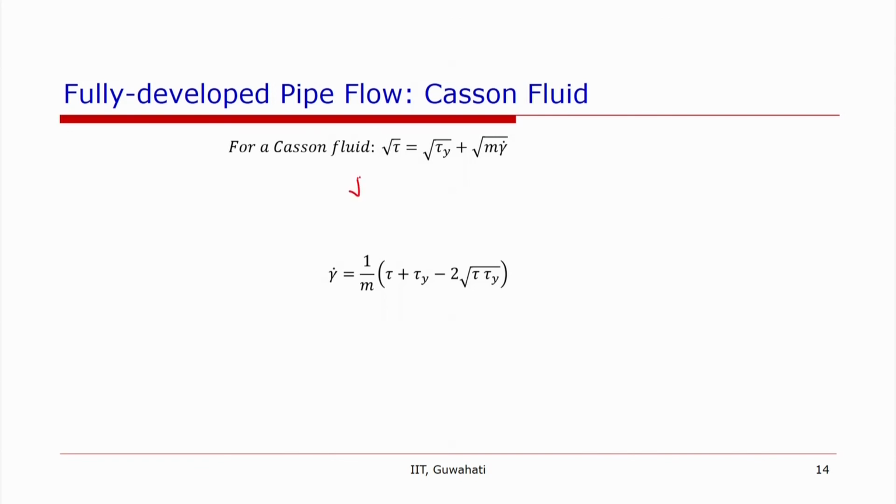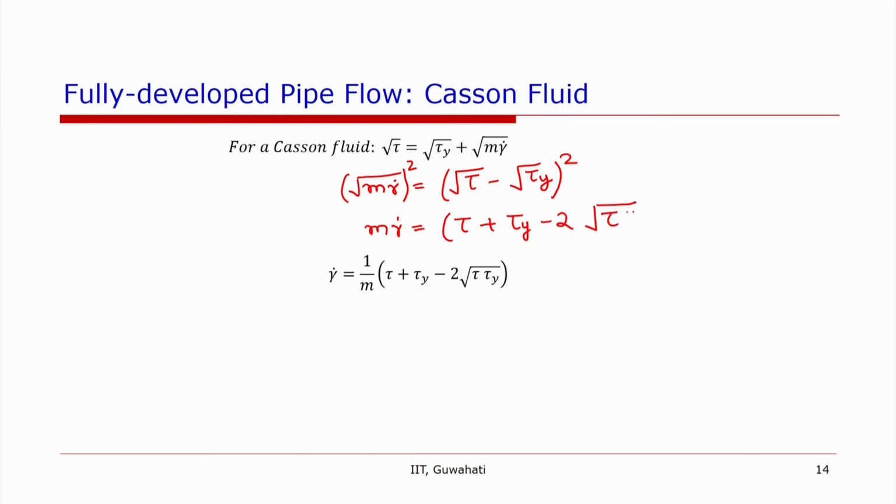We will have root m gamma dot is equal to root of tau minus root of tau y, and if we square both sides, then we will get m gamma dot is equal to tau plus tau y minus 2 root tau tau y.